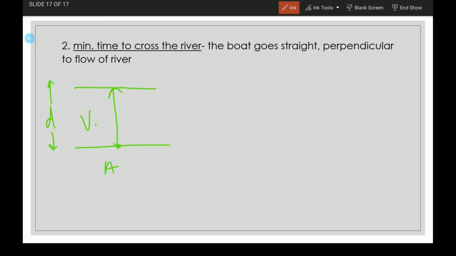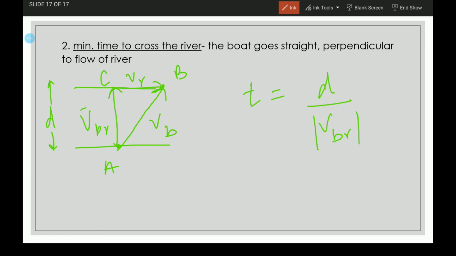So therefore, this is VBR, this is the velocity of the river, and thus the boat will reach somewhere over here at point B. This is point C, that is directly opposite to point A. So the time needed to reach point C is given as d upon VBR. This is something that will be given in the question, and thus the drift produced in this case is equal to VR magnitude into time t, and time t can be calculated from the above formula.